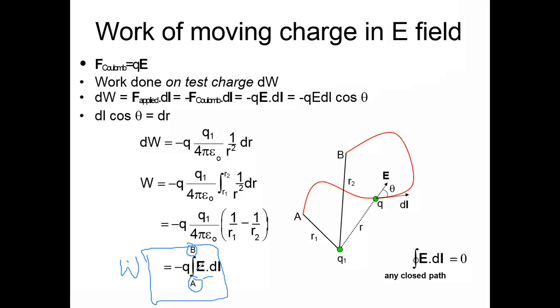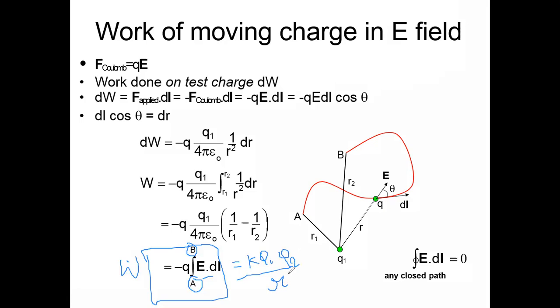And this W is called the electrostatic potential energy, and it is given as K Q1 Q2 by R, if Q1 and Q2 are the two separate charges. It is by R, not R square. If you write R square, then it becomes Coulomb's force.